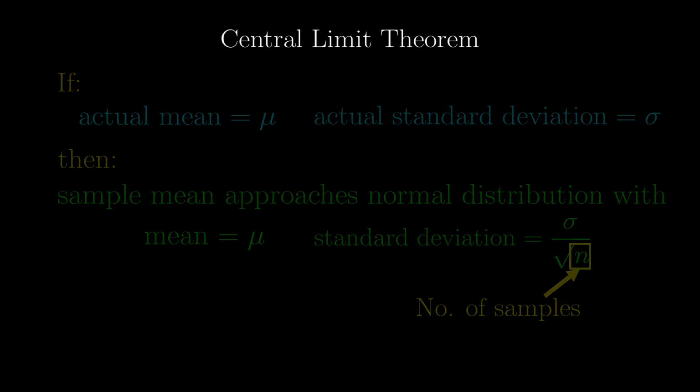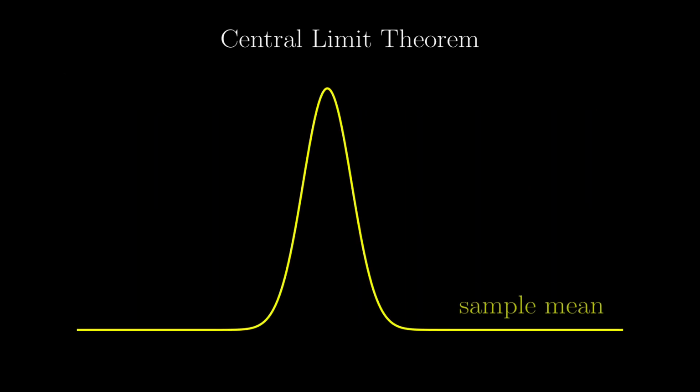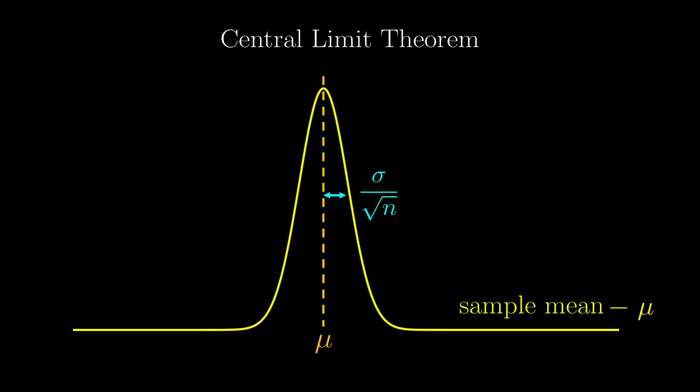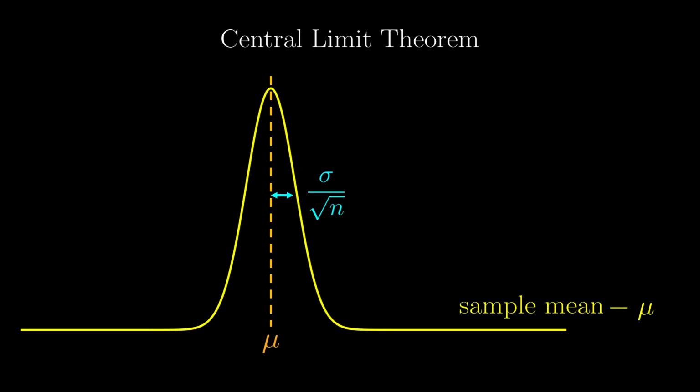So graphically, this is how the sample mean should be distributed, with mean mu and standard deviation sigma over square root n. Equivalently, if we consider sample mean minus mu, we only shift everything by mu, and so the peak moves to 0, but everything else stays unchanged. It is entirely reasonable that the difference between the sample mean and mu ends up here, but it's extremely unlikely for them to be that far apart.